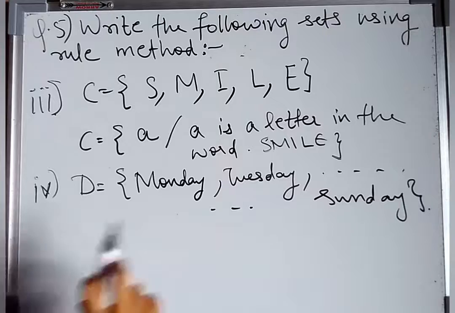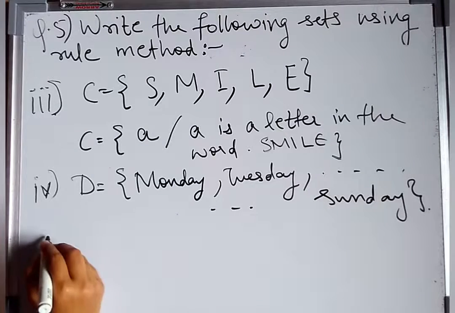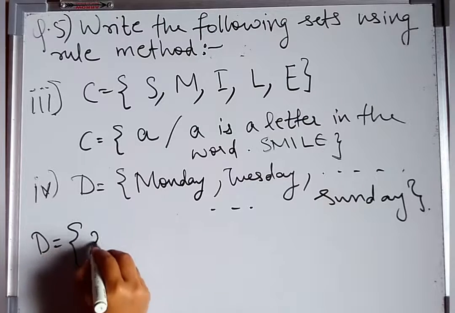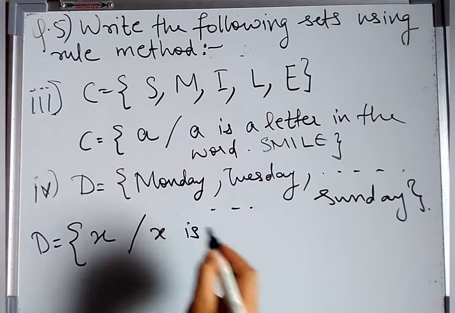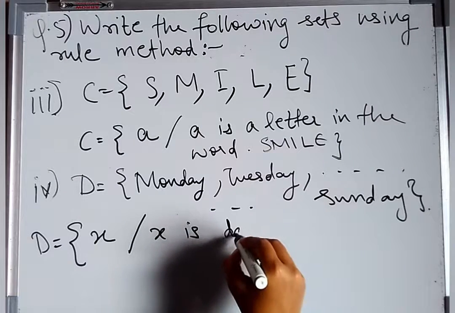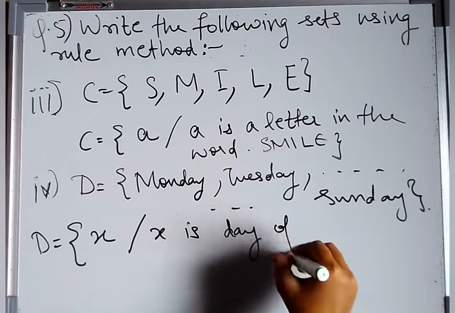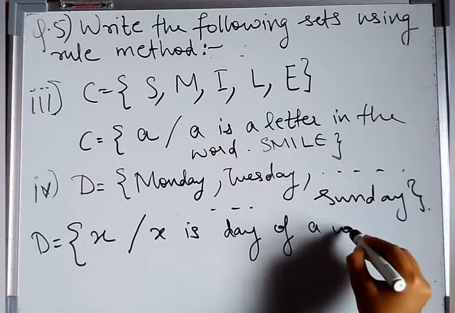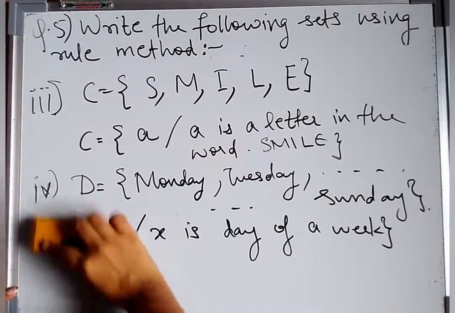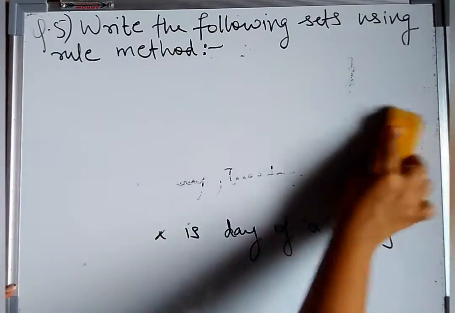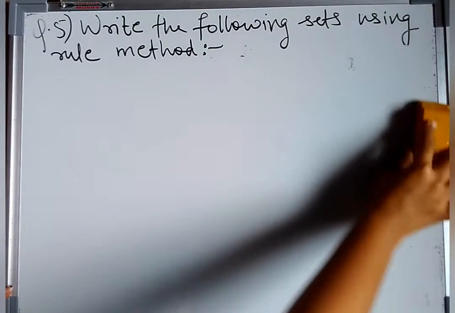Okay, they have listed all the days of a week, and now I have to write it using rule method. So it is x, the set of all such x's, that x is day of a week. Simple.